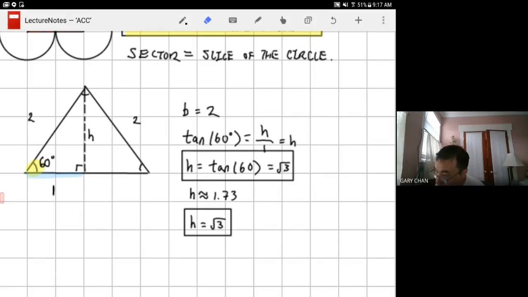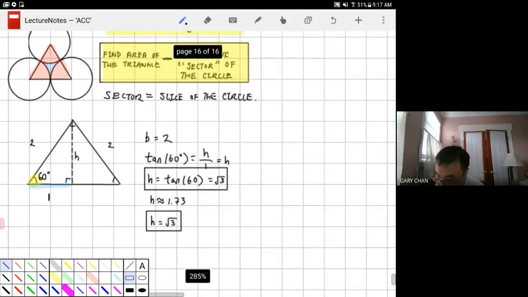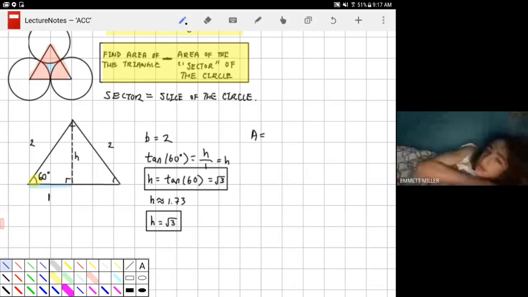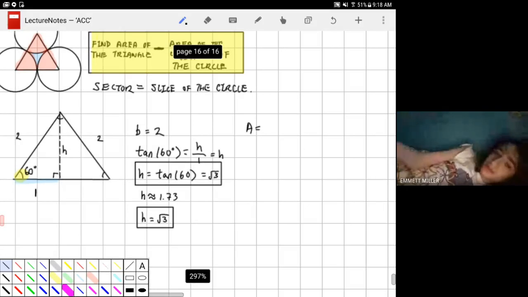Wonderful. So if we know h is equal to radical 3, what is the area of the overall equilateral triangle? How do we go about doing that now? Does anyone here know? Yeah. You just do 1/2 base times height, so 1/2 times 2 times radical 3.